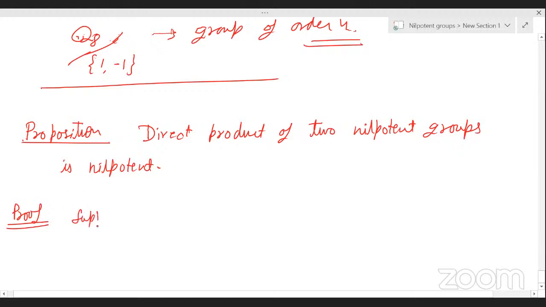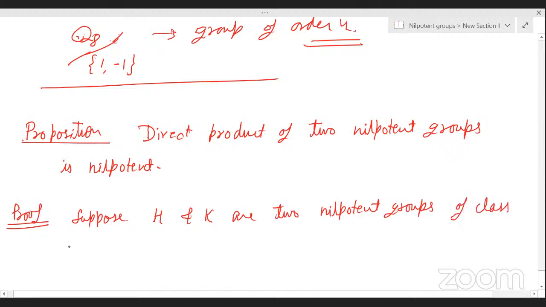Suppose H and K are two nilpotent groups of class, suppose, A and B respectively.